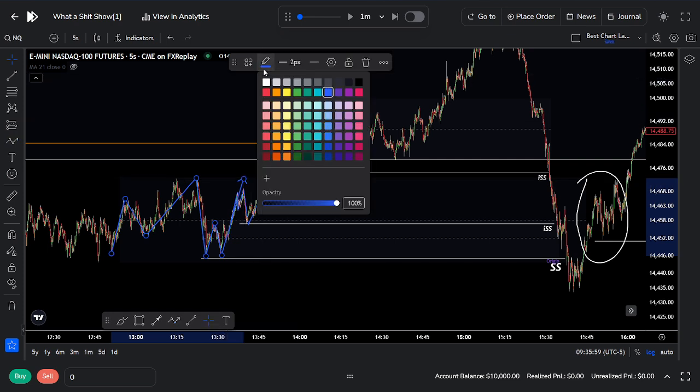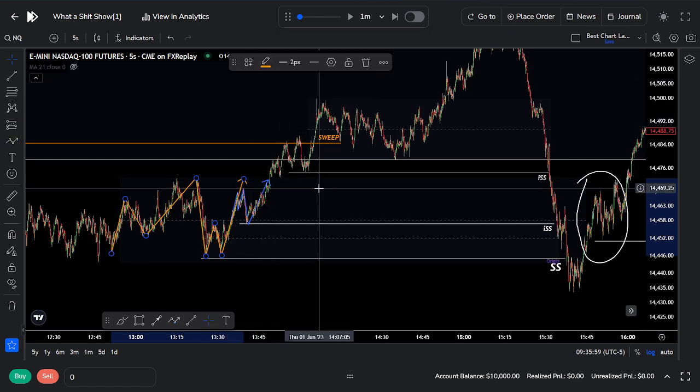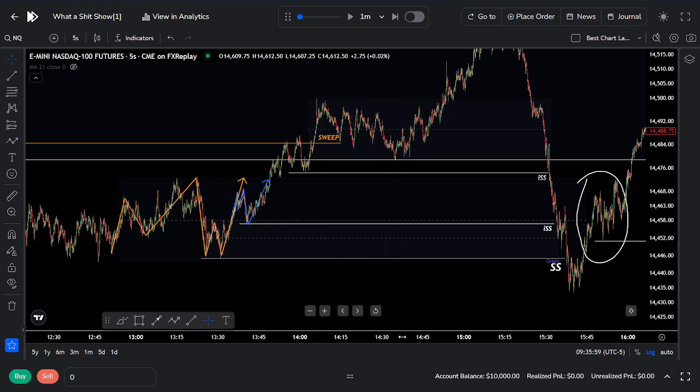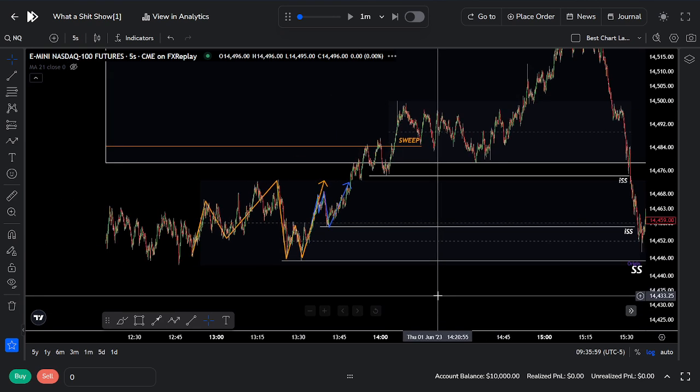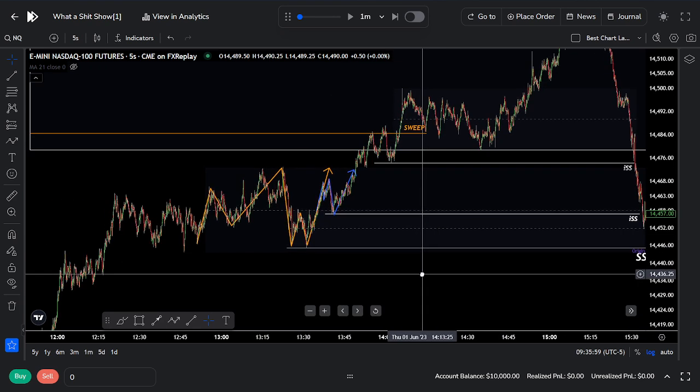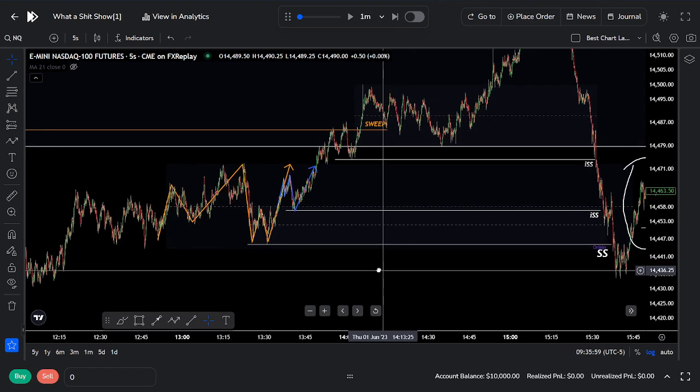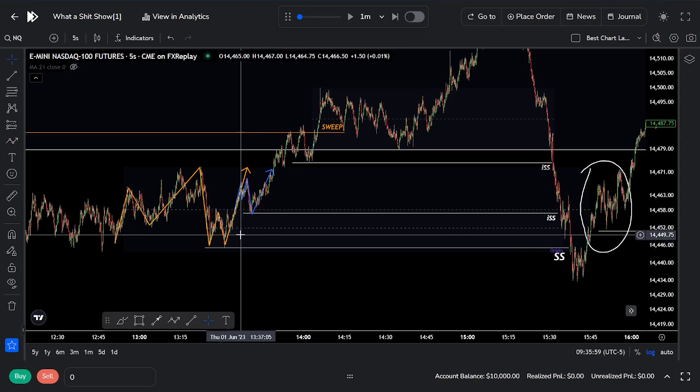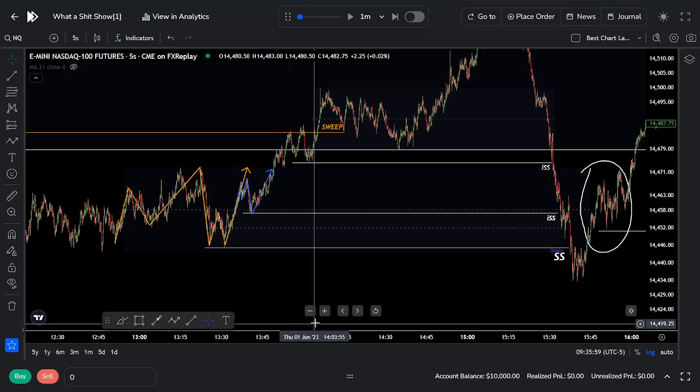This is of a higher time frame orientation. The golden sweep within the 5 or 1 minute area.